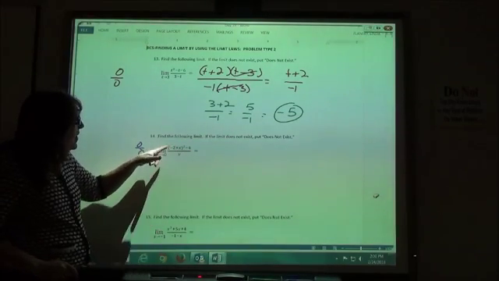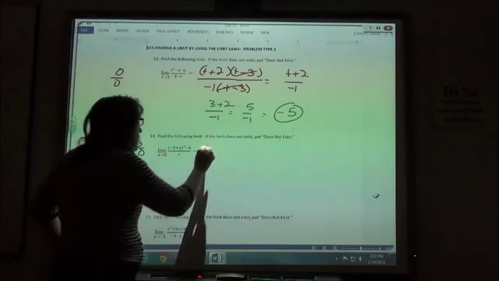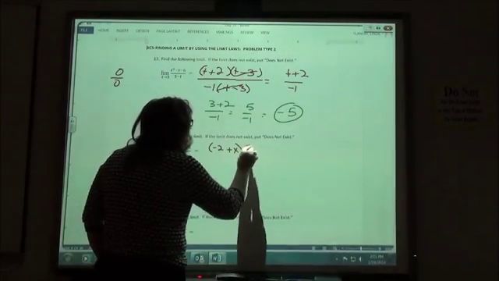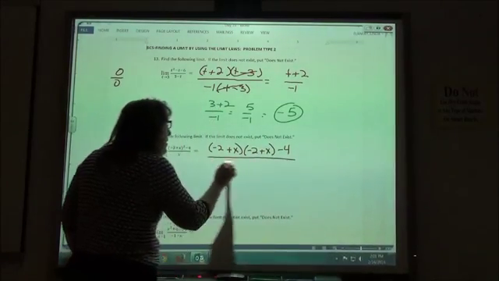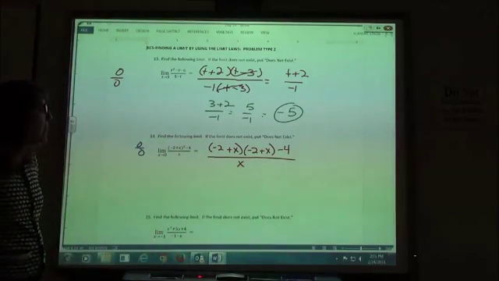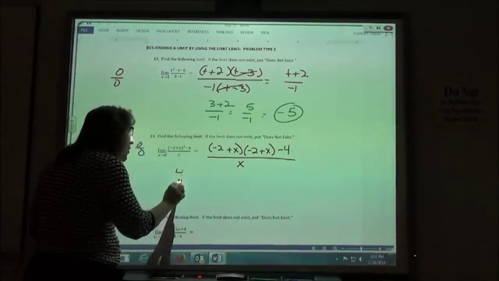So to simplify it, I first of all have to square my negative 2 plus x. So I'm going to take negative 2 plus x times another negative 2 plus x, minus my 4, all over x. So I'm going to FOIL that out and simplify my fraction if I can. So negative 2 times negative 2 would be 4.